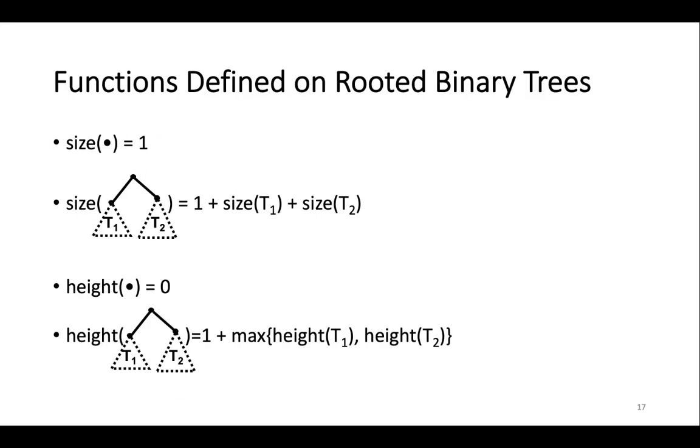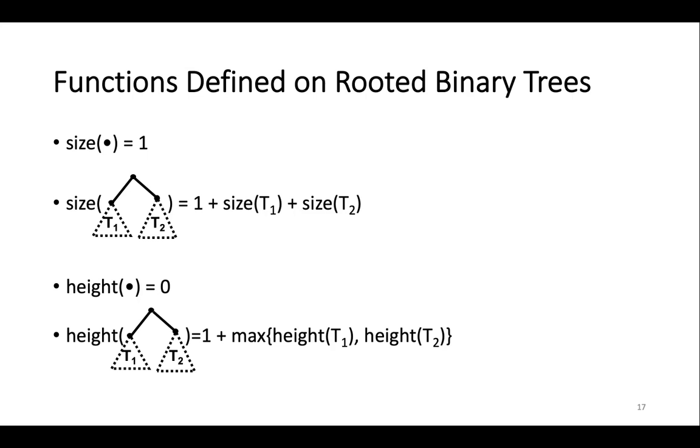There are some functions for this rooted binary tree: size and height. Size gives you the number of nodes, and height gives you the levels. How many levels are there?